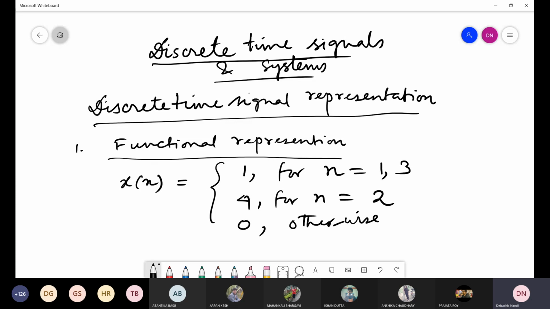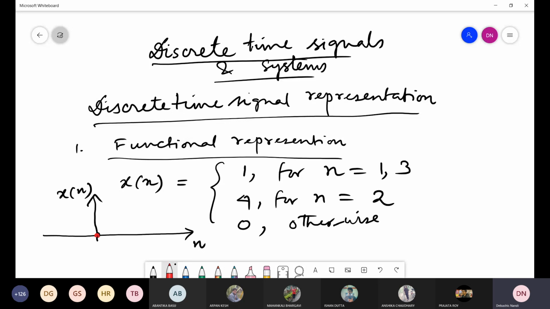Now, if I tell you to draw this particular function, it is possible to draw. For example, this horizontal axis represents n, and this vertical axis represents x[n]. n is an integer.